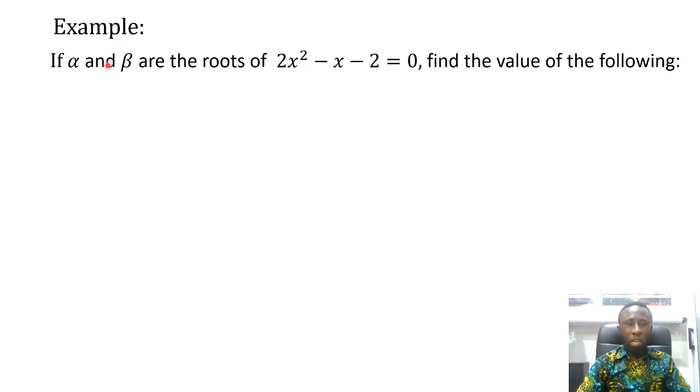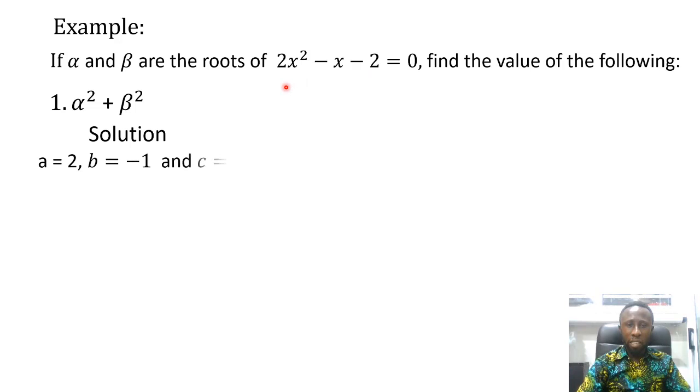Okay. So if alpha and beta are the roots of 2s squared minus s minus 2 equals 0, find the value of the following. 1. Alpha squared plus beta squared. You see, if you don't know how to solve this, because we don't have any alpha squared plus beta squared, you have to know the identity, right? This one is our quadratic. So let's compare. Our a here is 2, our b is negative 1, c is negative 2, right?